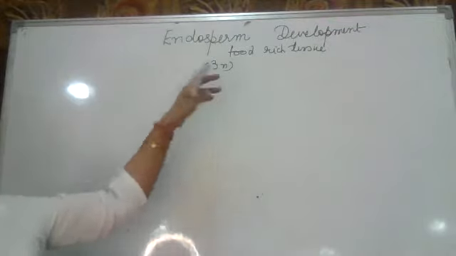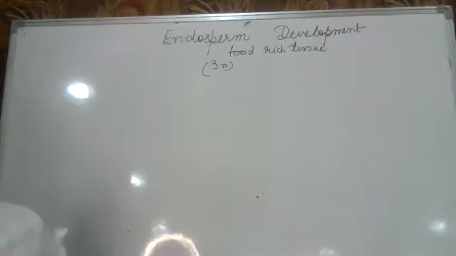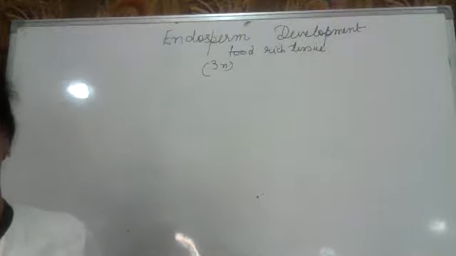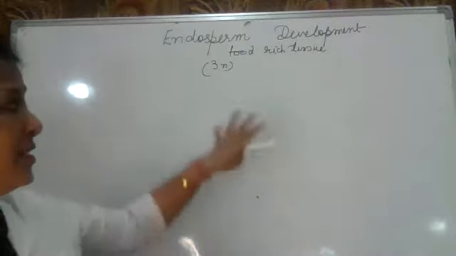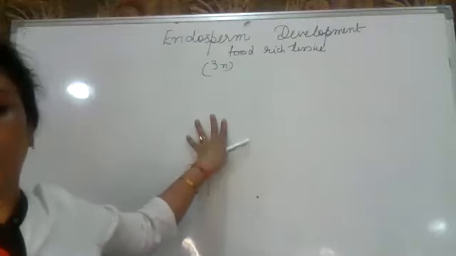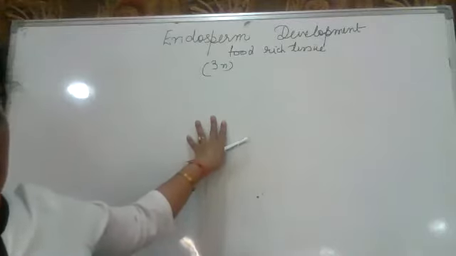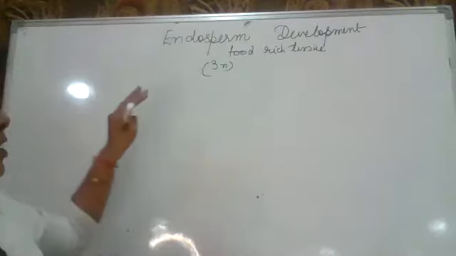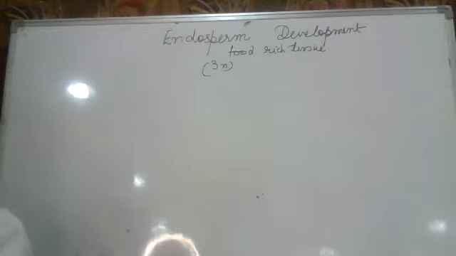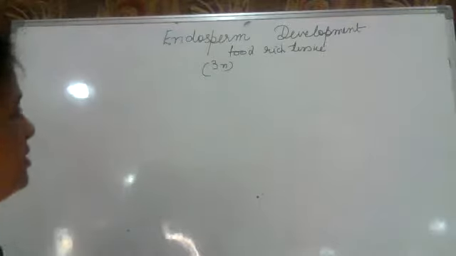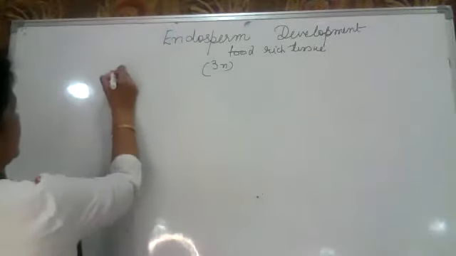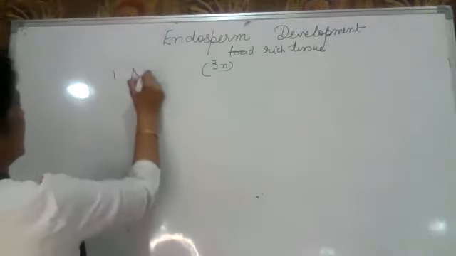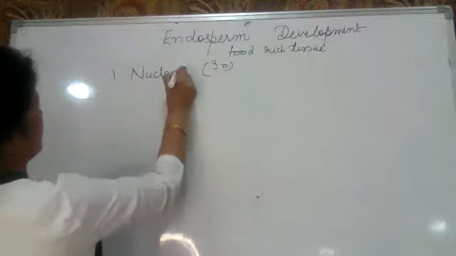I have already informed you that whenever the number of nuclei or the ploidy is more, it is related to the nourishment function. Depending on the type of development, there are three types of endosperm in angiosperms. Number one is nuclear endosperm.